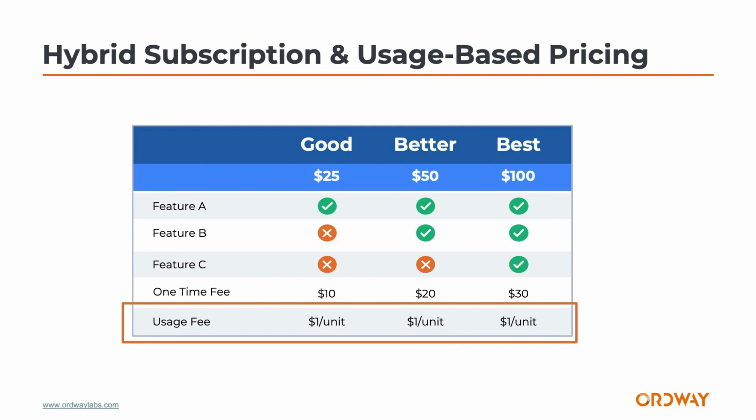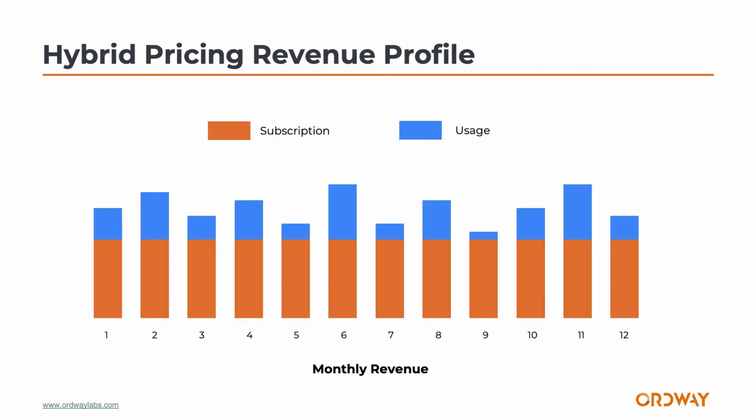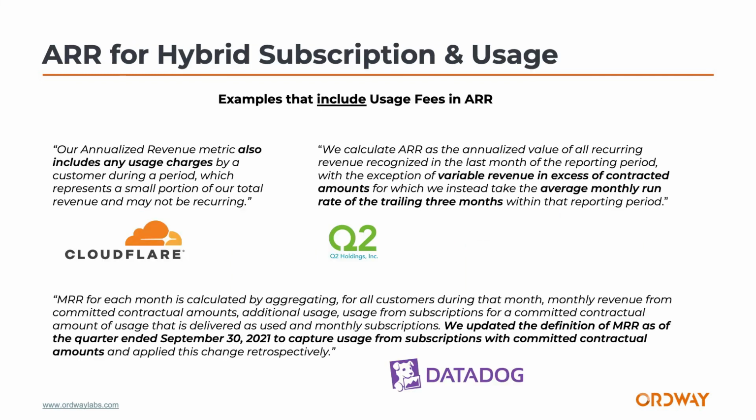And so we're seeing more and more SaaS and cloud companies offer what we call a hybrid subscription usage-based pricing model, where there's typically a fixed fee per month based on the number of users, or it's just simply a platform fee, and then a second variable fee that's based upon consumption. And so the revenue profile for a hybrid subscription usage-based pricing model might look something like this, where in orange you see the fixed fees and in blue you see the variable fees changing every month.